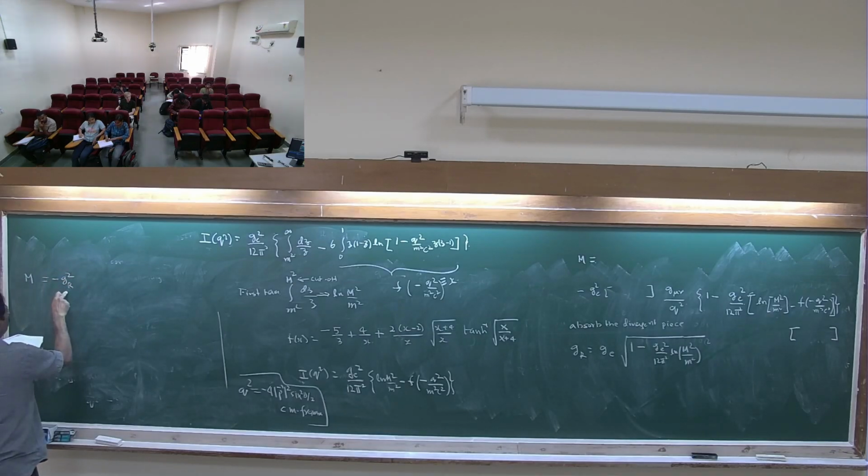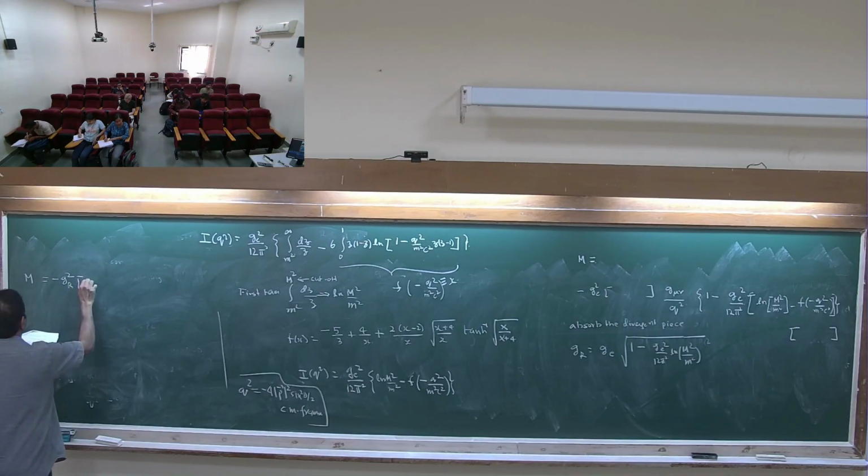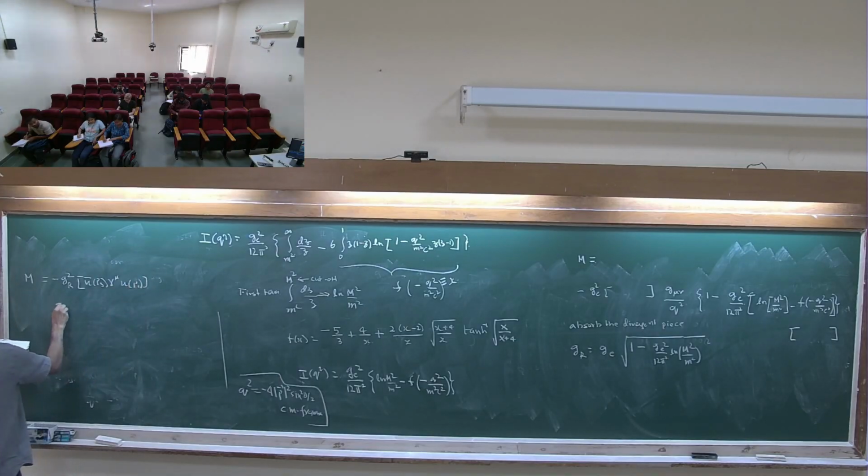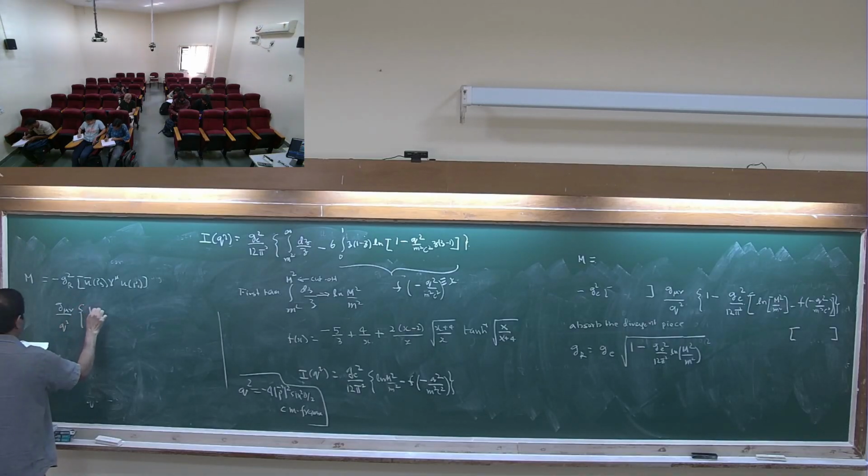Why do we give this name R over here? R for renormalized: U bar P3 gamma mu U of P1, G mu nu by Q squared, times 1 plus GR squared by 12 pi squared.